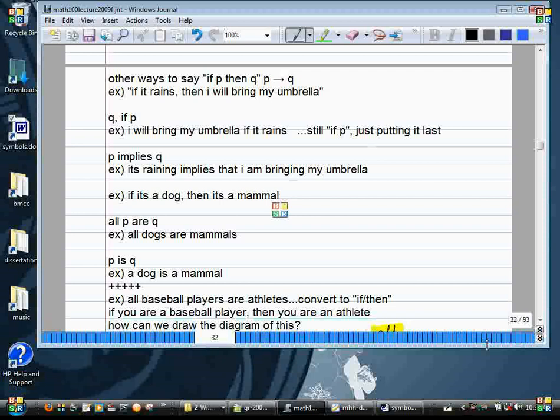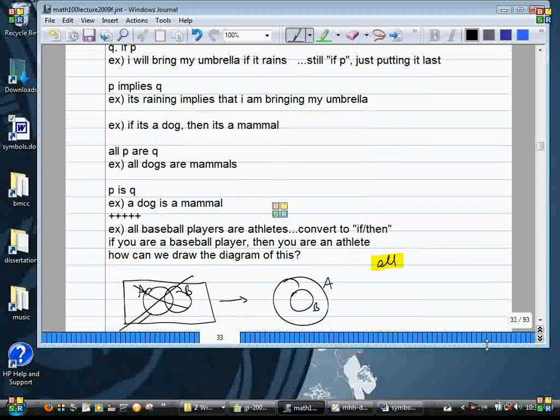You have the universe in two circles. But that's not what we draw here, because what do we know about baseball players? They're all athletes. So it's a subset, exactly. We would not need to draw it the typical way, because we know that the set of baseball players is completely within the set of athletes.